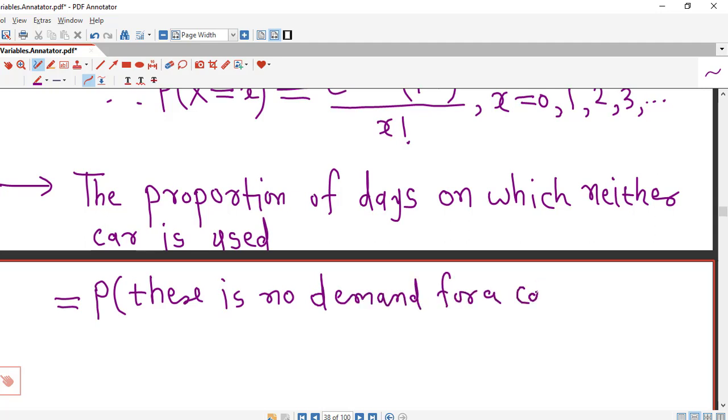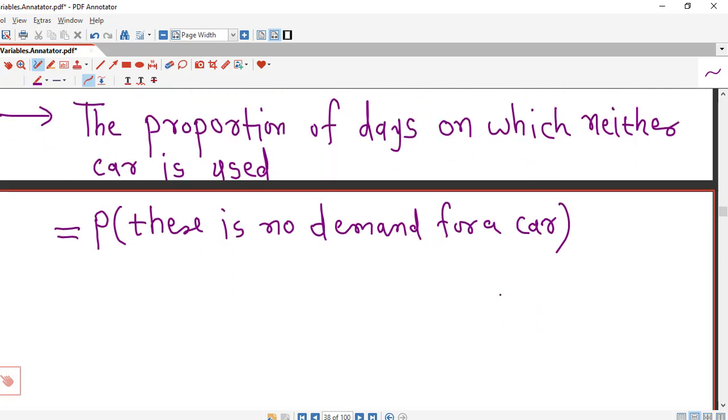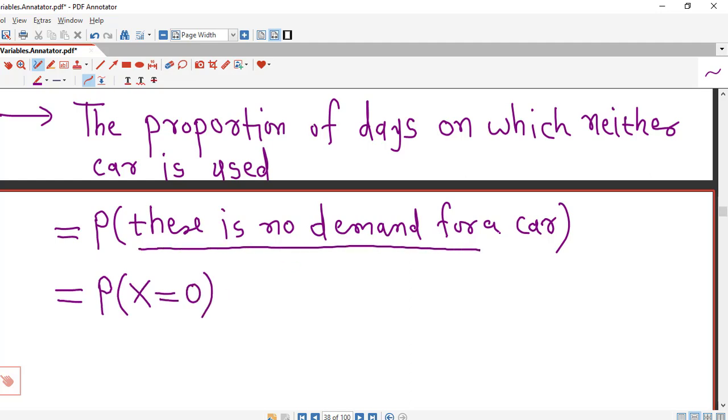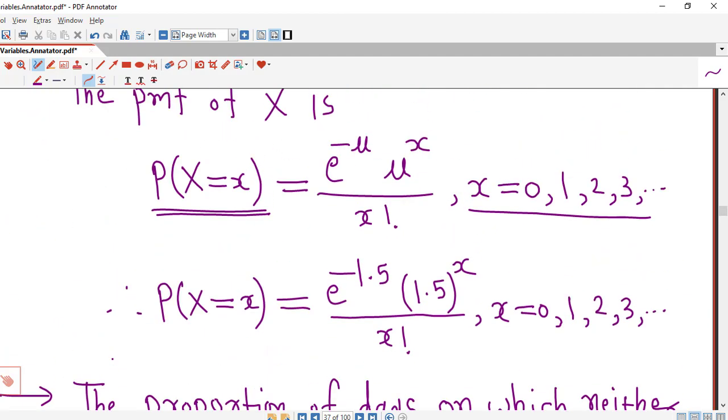That means the value of small x is 0, or we can say that there will be 0 demand for a car, or the number of demands for a car is 0, or we can simply write probability of 0 demand for a car. And we have the formula for probability of x demands.